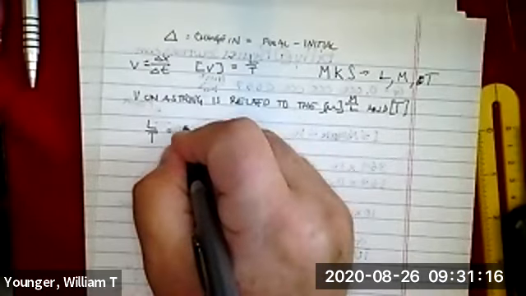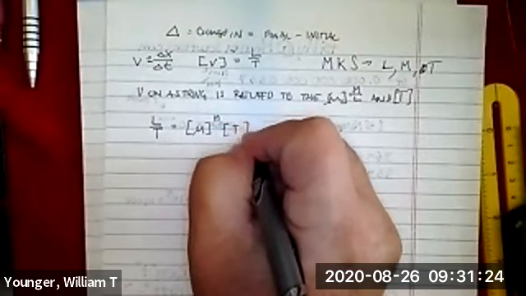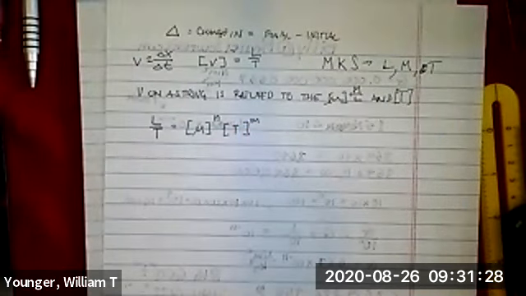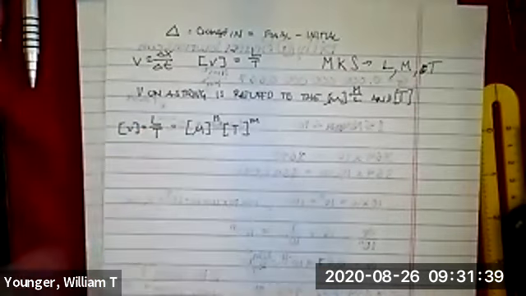Now, what I have to figure out is this will be related to mu to some power, let's say the n power, and the tension to some power, let's say the m power. So this is what we're going to work out to see if we can find a formula possibly for the velocity of a wave on a string. The dimensions of the velocity has to equal all that.